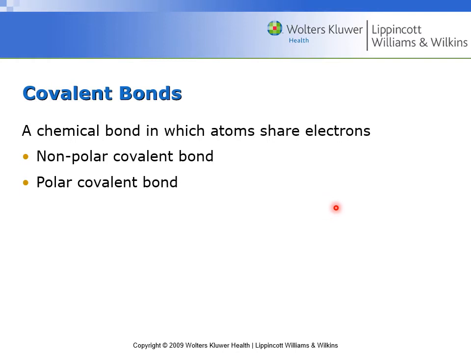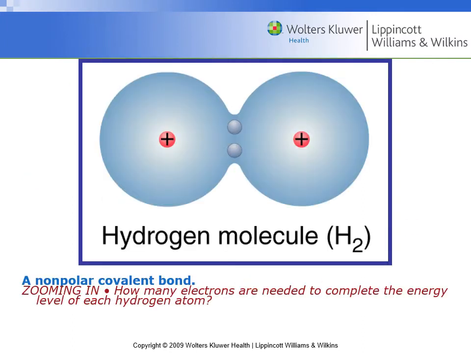Therefore, because the electron is mostly over here, this part of the combined structure will have a negative charge associated with it, and on this side it'll have a positive charge. When you have this separation of charge, that is known as polarity, and the type of bond is known as a polar covalent bond.